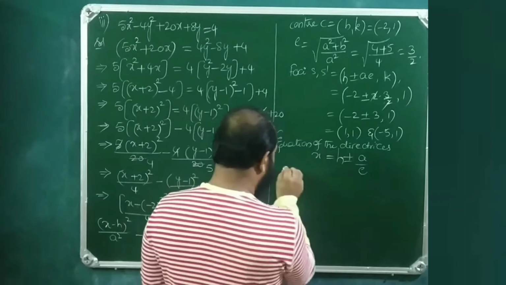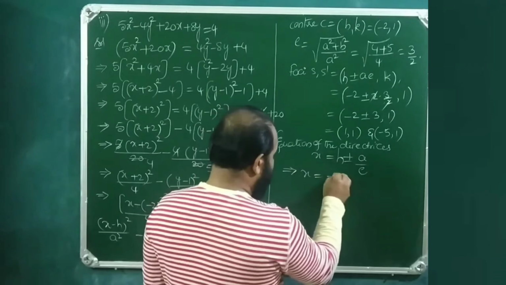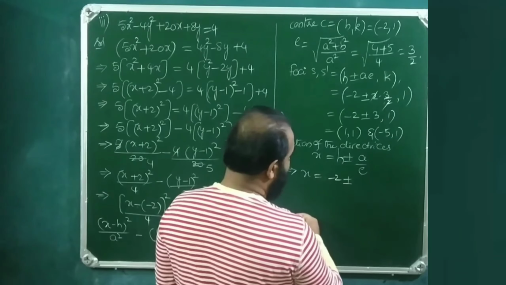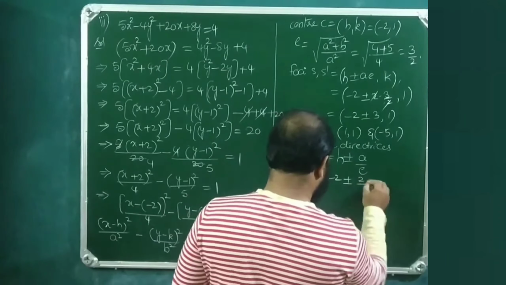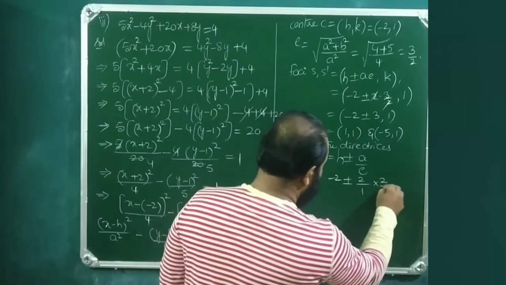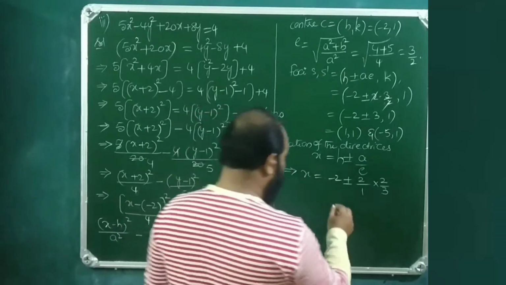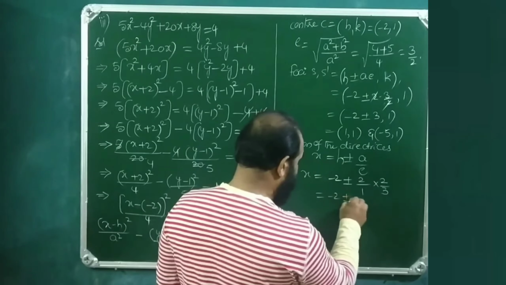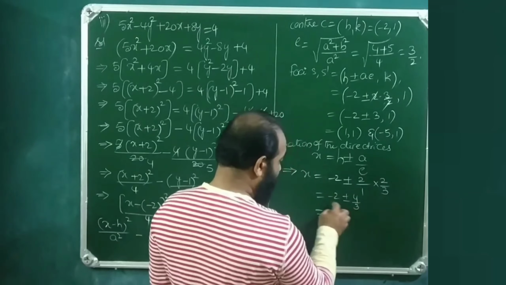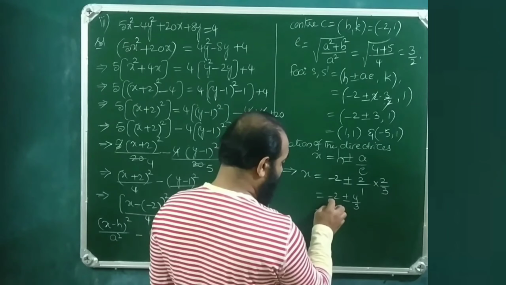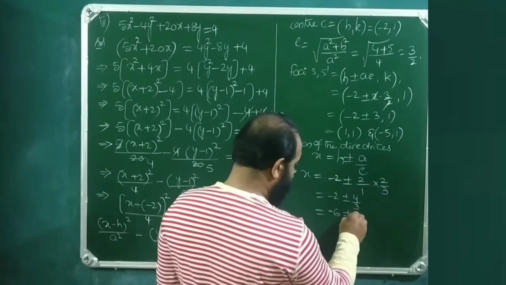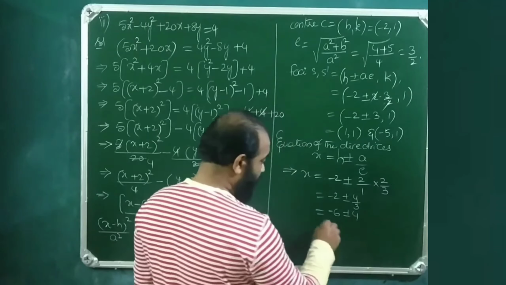So x equals h, whose value is minus 2, plus or minus a by e, where a is 2 and e is 3 by 2, so reversed it is 2 by 3. So this is minus 2 plus or minus 4 by 3.